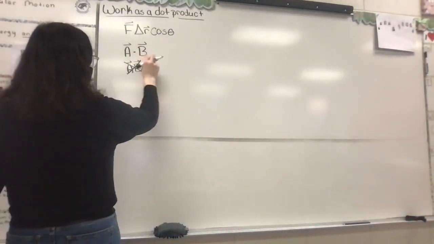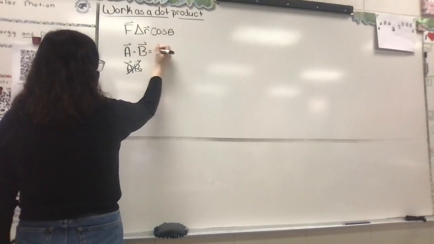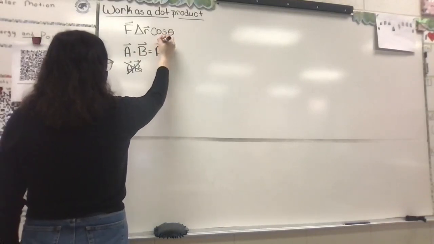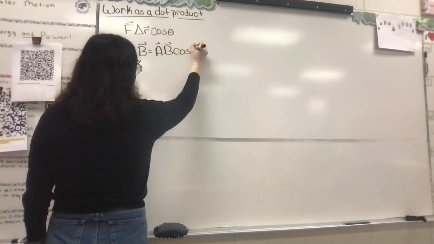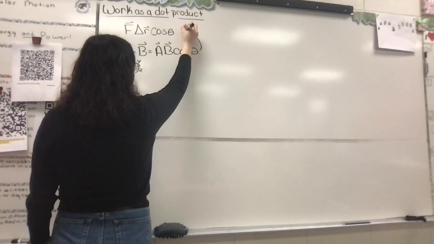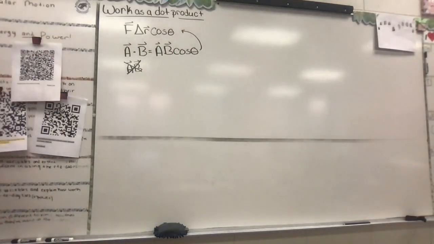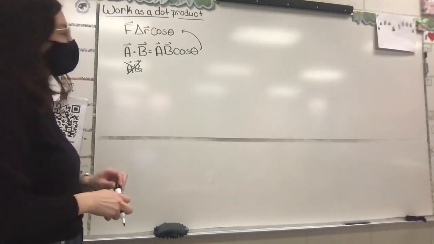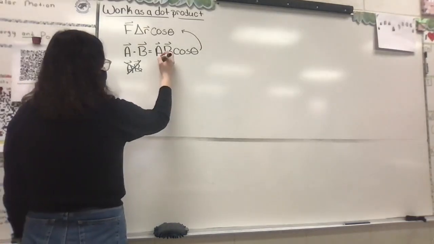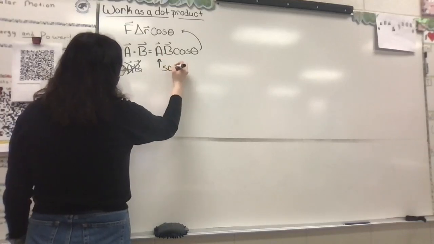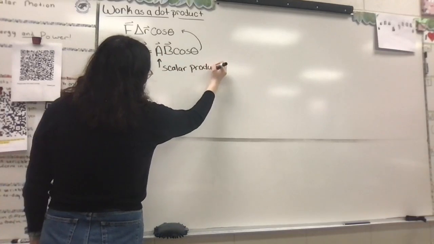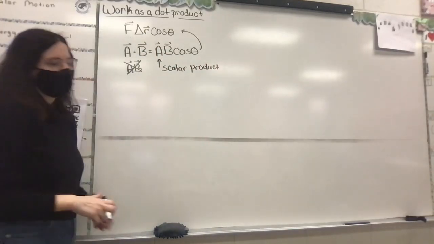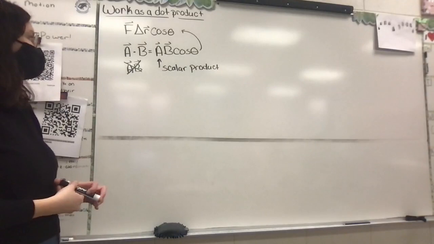And what the dot product gives you is A B cosine of theta, just like we see right there with what we derived as our equation for work. Other than a dot product, sometimes this is called a scalar product. So those are the two names for it, dot product and scalar product.